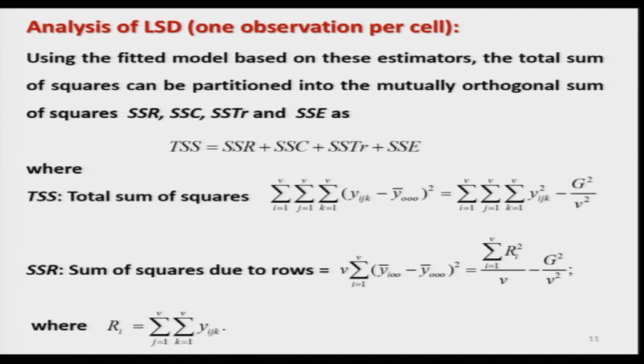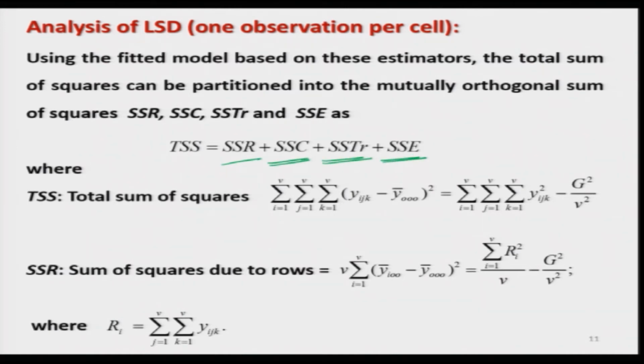In one-way analysis of variance, you had partitioned the total sum of squares into sum of squares due to treatment and SSE. In two-way analysis of variance, you partition it into sum of squares due to block effect plus SSE. Similarly, in the three-way classification you partition the TSS into sum of squares due to row, sum of squares due to column, sum of squares due to treatment and SSE.